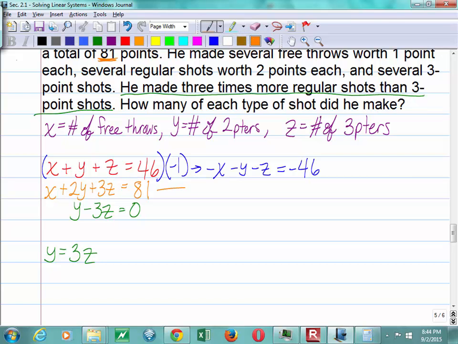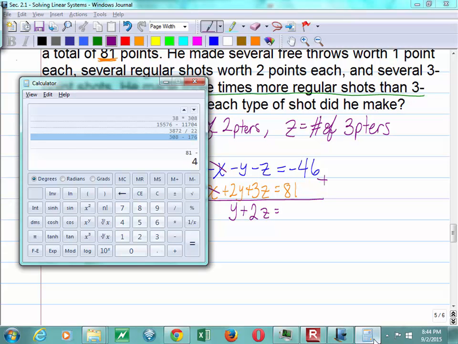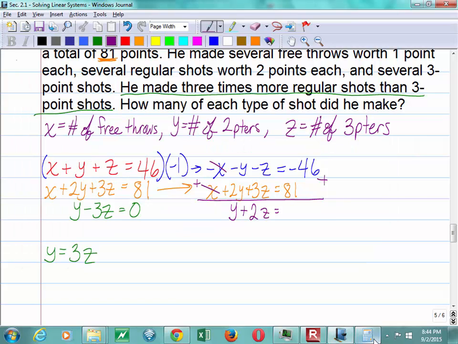And then I'm going to bring the other one over, which was x plus 2y plus 3z equals 81. Then I'm going to add these equations. So the x's are going to cancel out. And then 2y minus y is y, 3z minus z is 2z, and 81 minus 46 is 35.